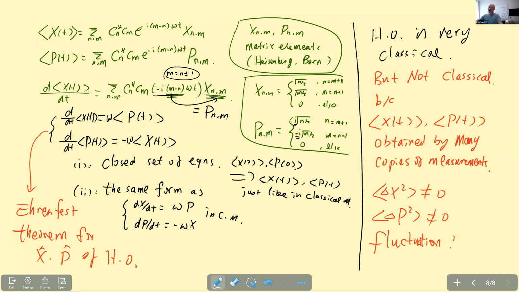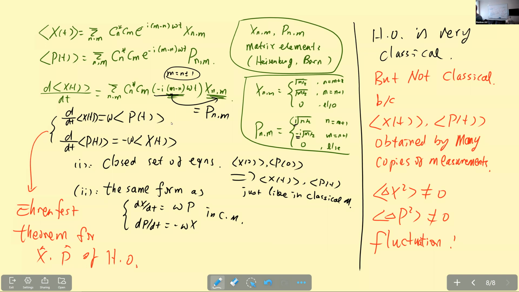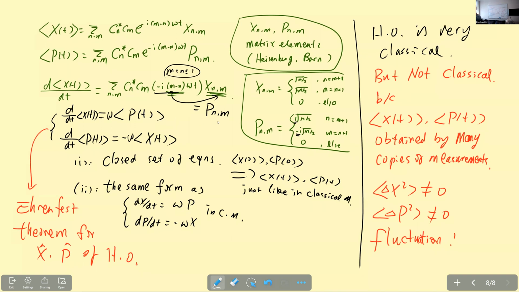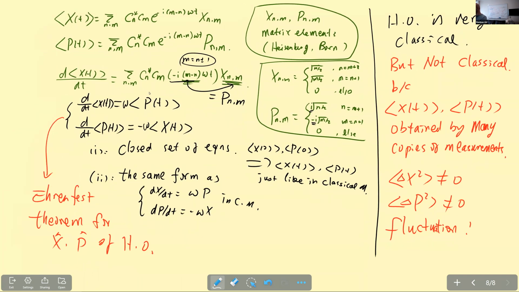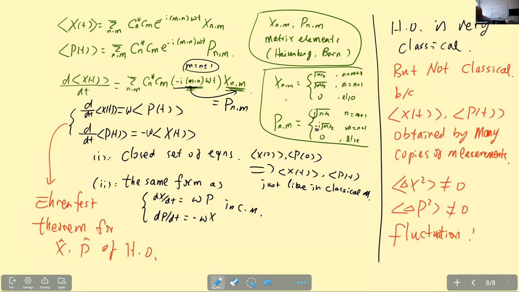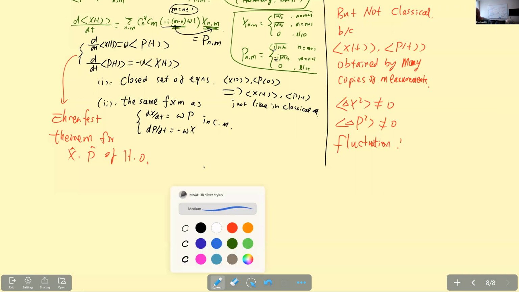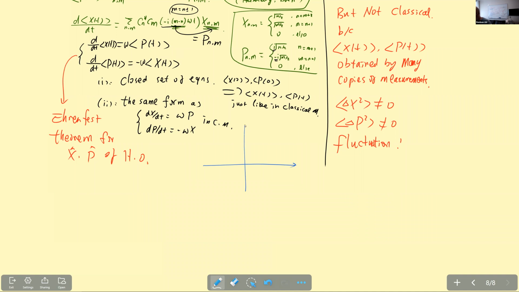So this is pretty much what we have for the harmonic oscillator. You can see that it's very beautiful. And if you really want, the motion of this one is actually a circle. If you look at X and P, starting from this point, it goes along the circle.